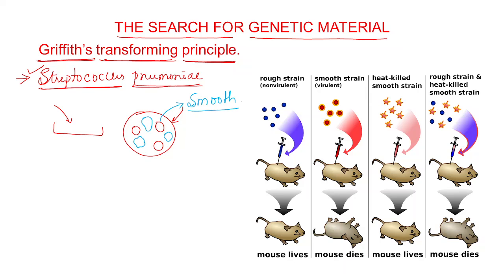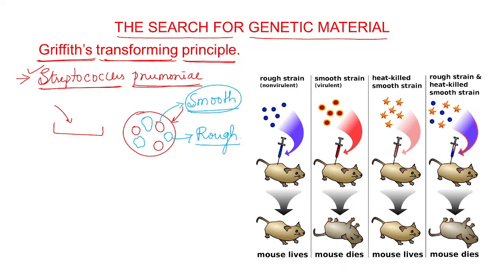When he was culturing the bacterium in his laboratory, in the petri dish he observed two different types of bacterial colonies. Some were smooth in nature and some were rough. The smooth colonies were shiny, but rough colonies were not shiny.